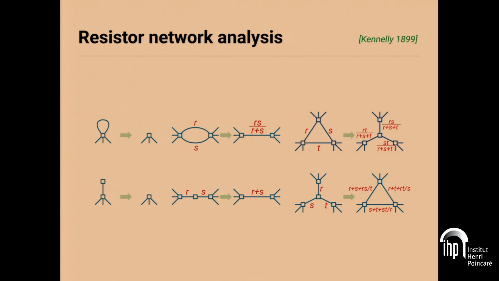If I have a leaf somewhere going off to a node of degree 1, I know there's no current flowing down that edge, so I can just get rid of it. If I have 2 resistors in parallel or 2 resistors in series, I can replace them with a single resistor. And if I have a triangle, I can replace it with a Y, and if I have a Y, I can replace it with a triangle. And the new resistances of the new 3 resistors are simple rational functions of the resistances that I started with.